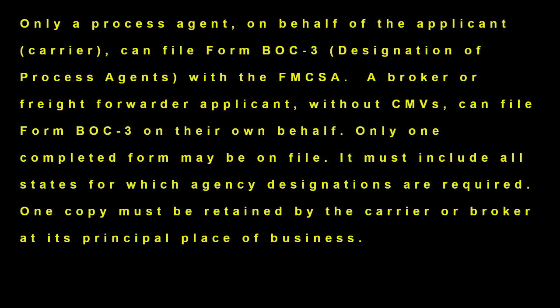A broker or freight forwarder applicant without CMVs can file Form BOC-3 on their own. Only one completed form may be on file. It must include all states for which agency designations are required. One copy must be retained by the carrier or broker at his principal place of business.